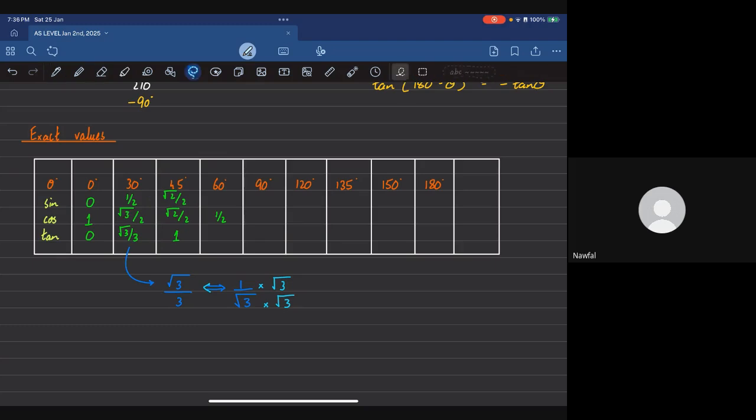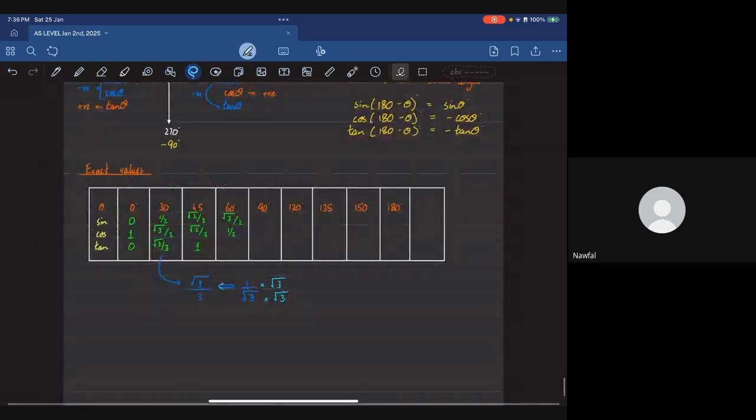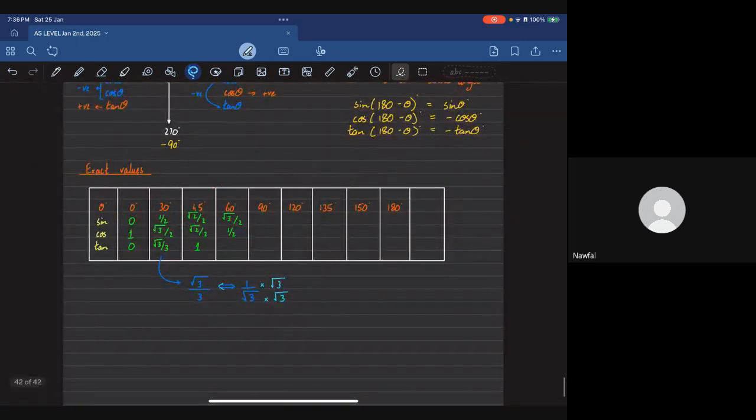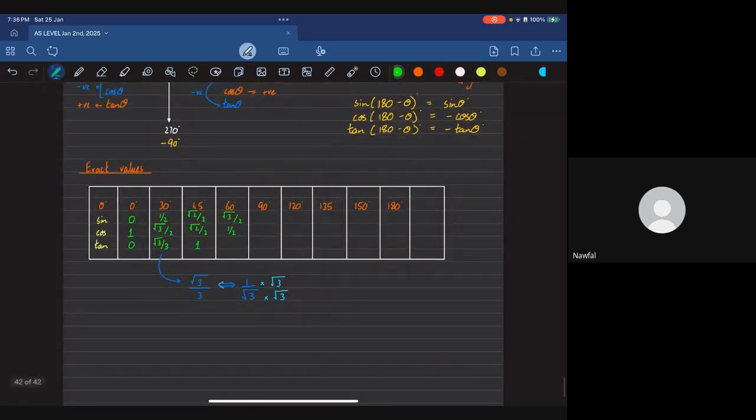Apologies. Yes, under root 3 by 2. And it's going to be equal to this right over here. Then tan is going to have the weirdest answers. So it's going to be under root 3.